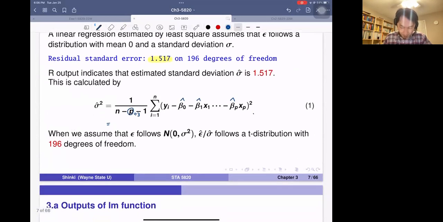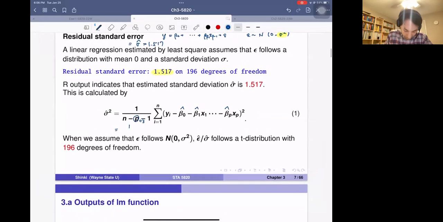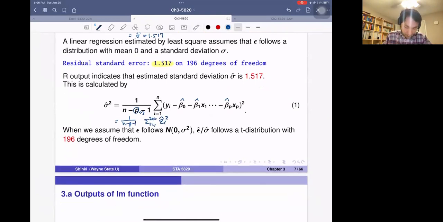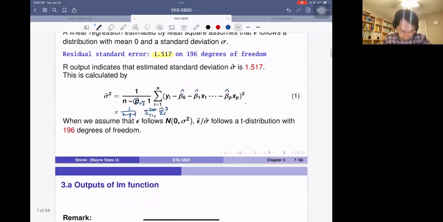Sorry, I have some abuse of notation. So this is basically 1 over n minus p minus 1 times the summation of epsilon i hat squared, where i is from 1 to 200. This is sigma hat squared.